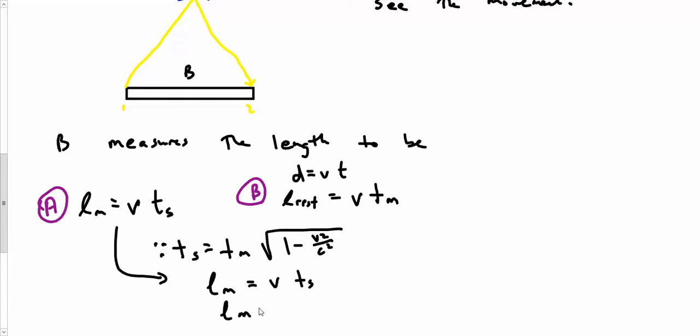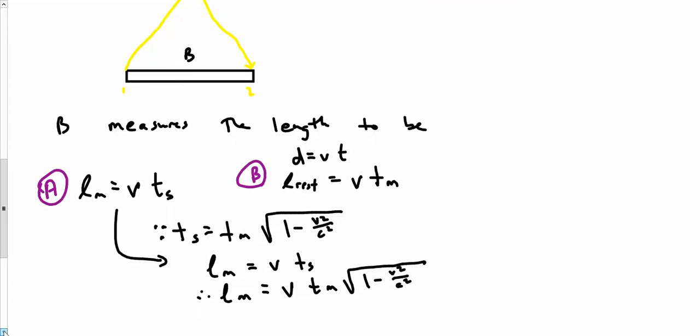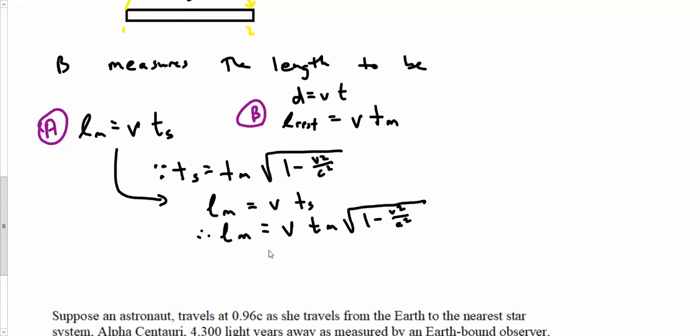Therefore Lm is going to be v times Tm times the square root of 1 minus v squared over c squared. But v times Tm is the rest length. So I'm just going to try and box this. I got kind of jammed up here, sorry everybody.